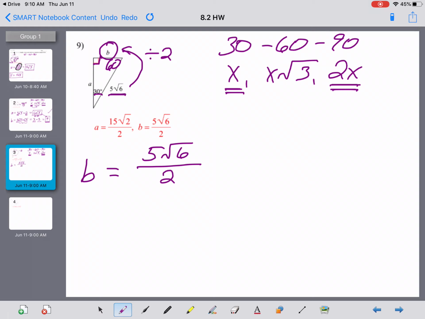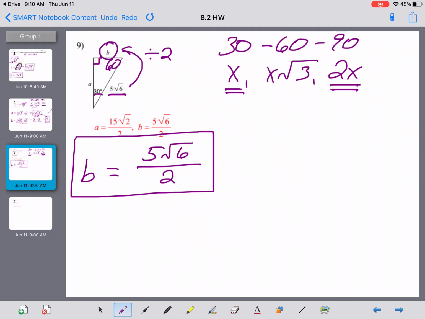Now, what we would normally do in a case like this is take a look at the 5 right here and the 2 right here and say, okay, those numbers are alike, and we can go ahead and divide them. But because that number on top is odd, 5 doesn't divide evenly by 2, there is nothing to be gained by trying to divide that out. And even though this is pretty ugly, guys, that's as pretty as B is going to get. It's not very pretty at all, but that's what B is.